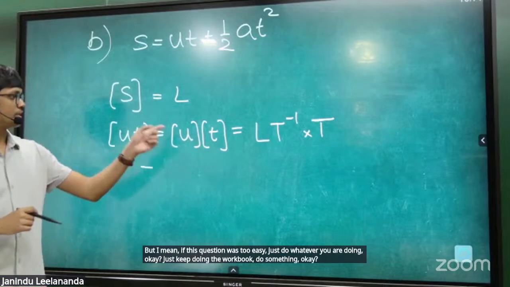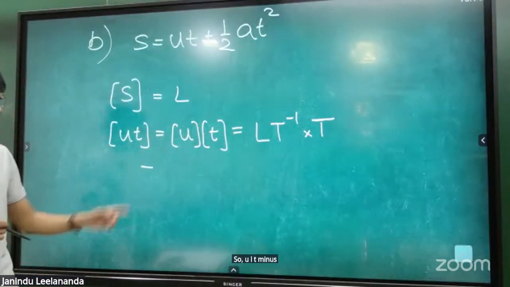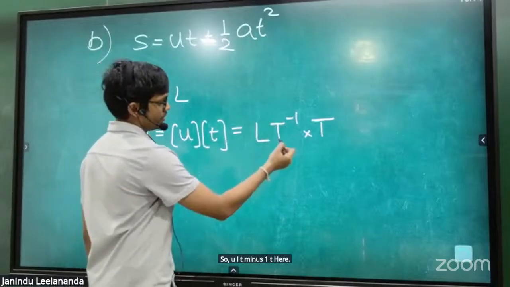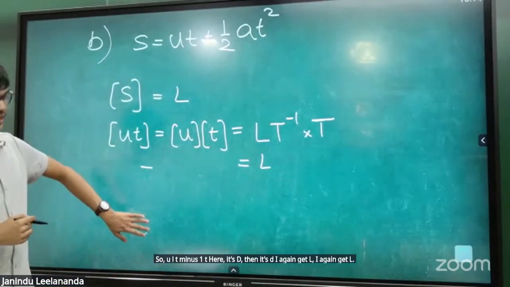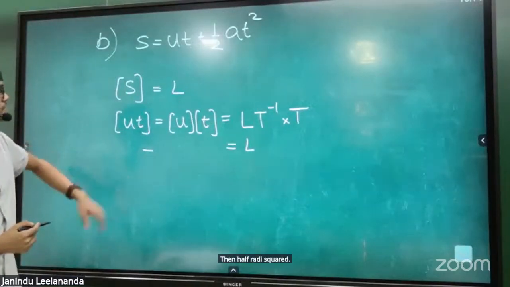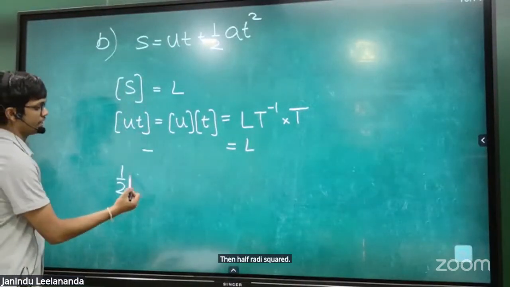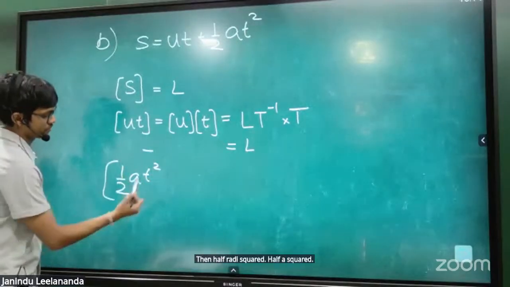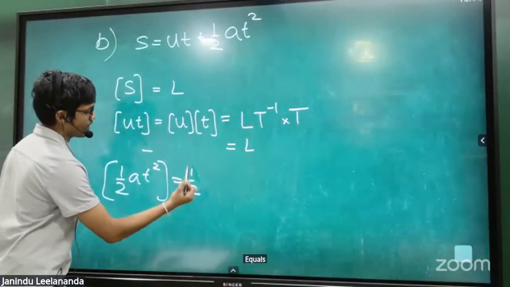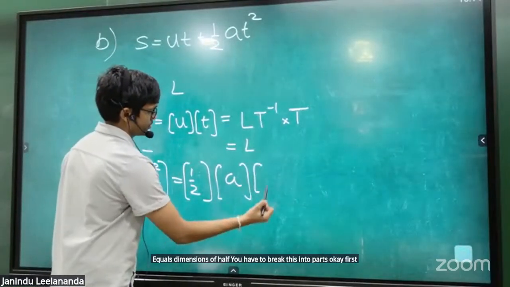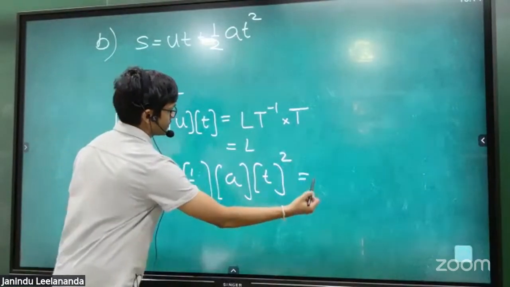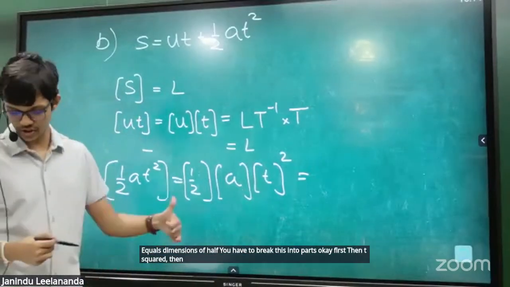So u is LT^-1, t is T, then I again get L. Then half at squared equals the dimensions of half, and you have to break this into parts first. Then T squared. Half has no dimensions.